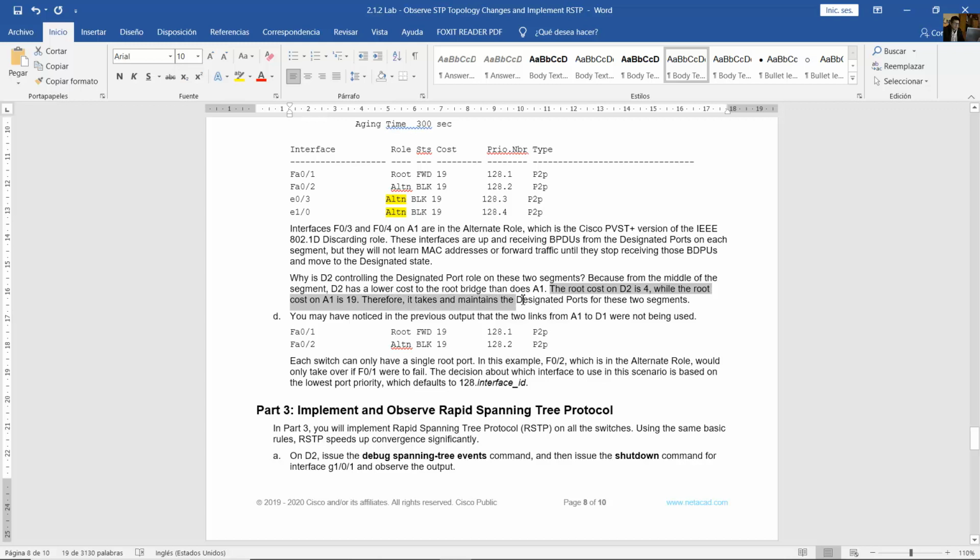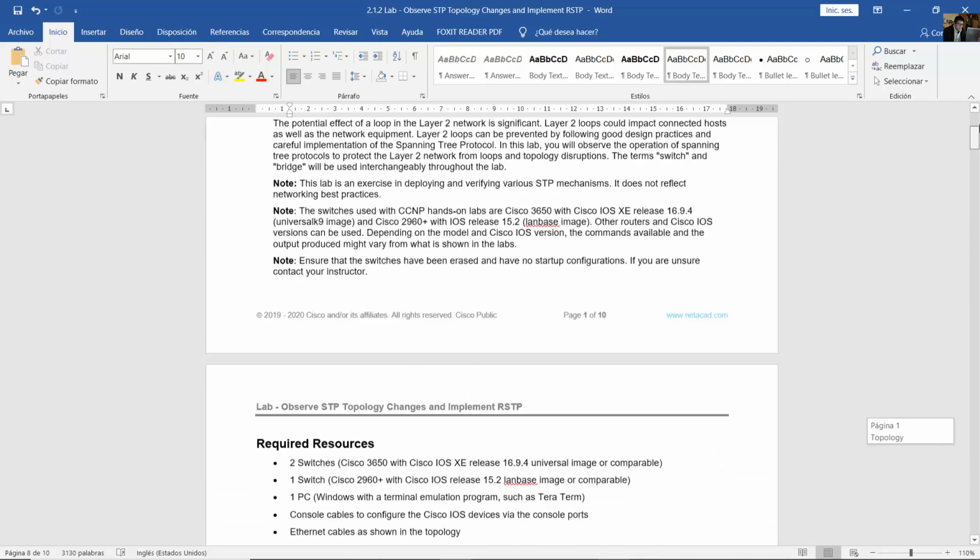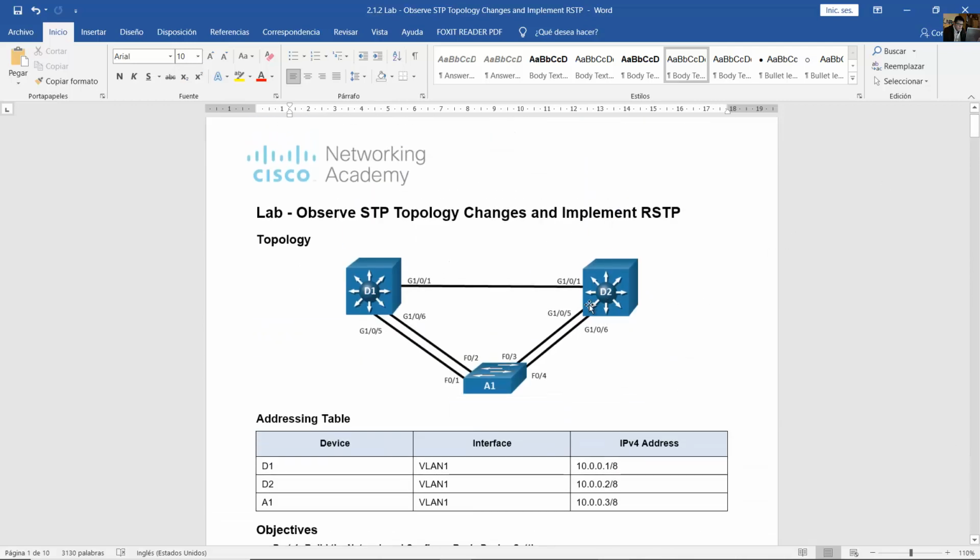Therefore, it takes and maintains the designated ports for these two segments. On this topology, D2 uses gigabit interfaces, and A1 uses Fast Ethernet interfaces. So that's why D2 is preferred for designated ports, and A1's Fast Ethernet ports are in blocking state as alternate ports.